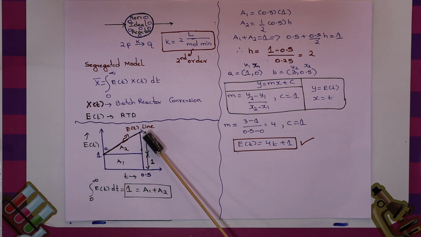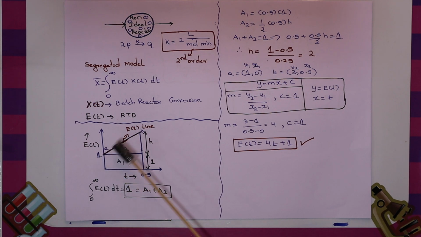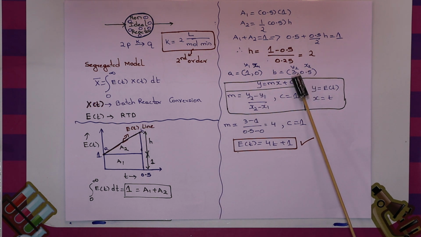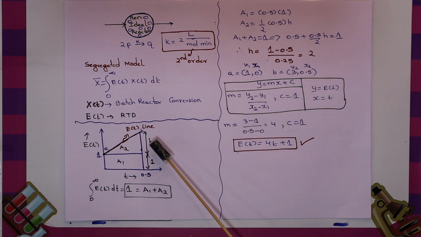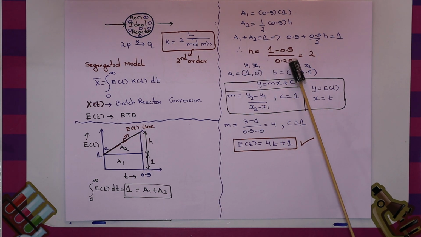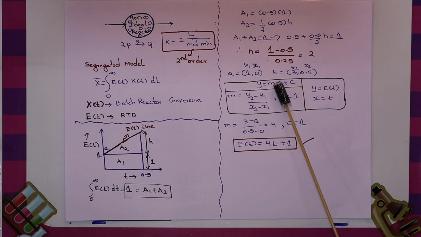Using this information, let us take one point at A and a second point at B of the curve. In this curve, we know the 2 points. Using the 2 points information, construct a line, linear, connecting point A and point B. Let us take point A as (1, 0) and point B as (3, 0.5). That is 1, h is 2, the total is 3. I know y1, x1 and y2, x2, so I can construct the line y equal to mx plus c.